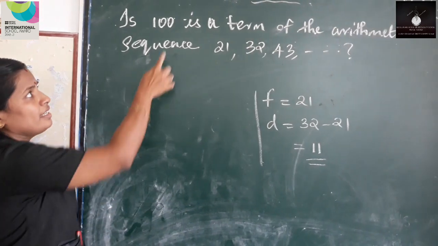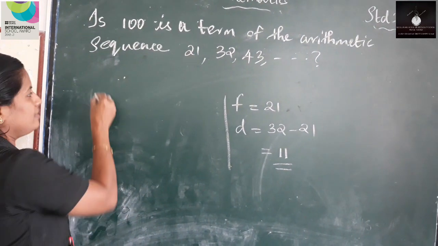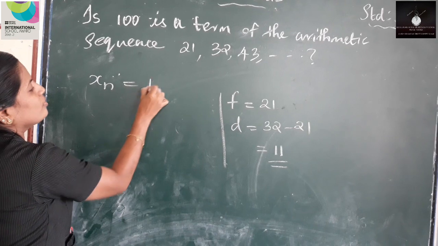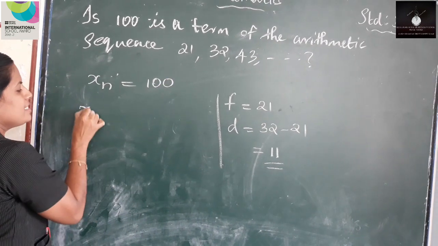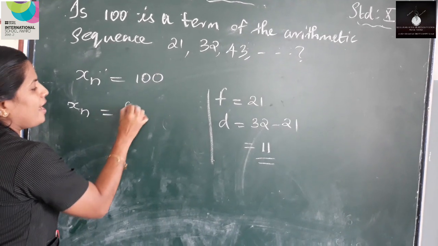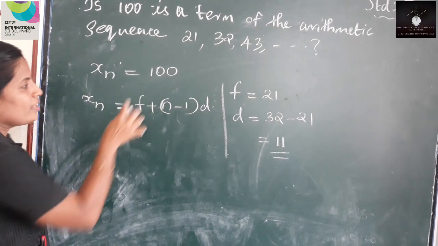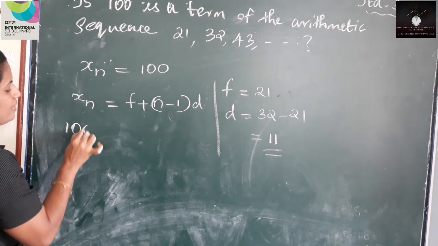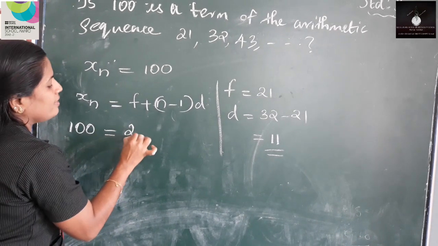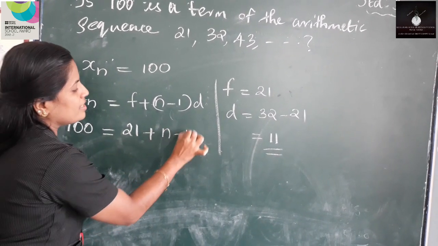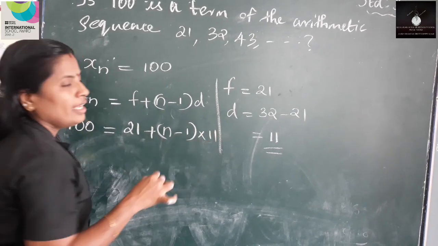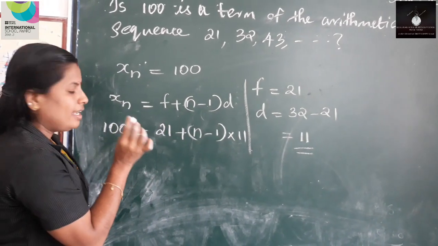Let us consider the nth term as 100. So xn equal to 100. xn, the nth term, f plus n minus 1 into d. 100 equal to 21 plus n minus 1 into 11. The common difference is 11.